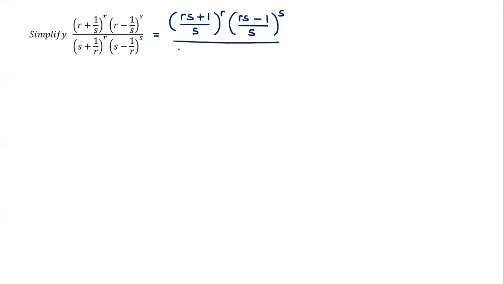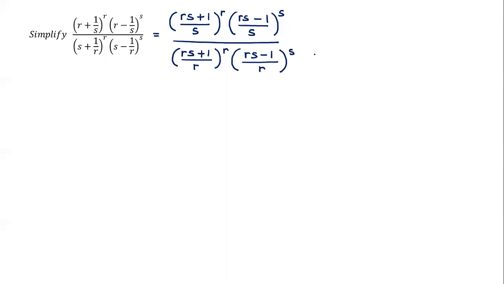So the bottom one, we have another one, RS plus 1 over R. The last one is RS minus 1 over R. So far you understand, right?